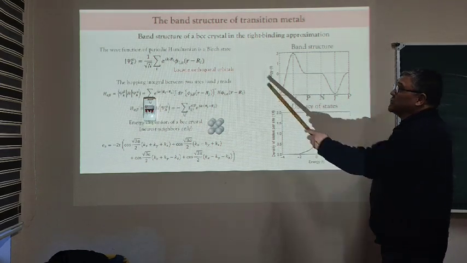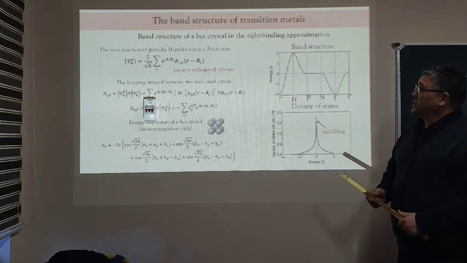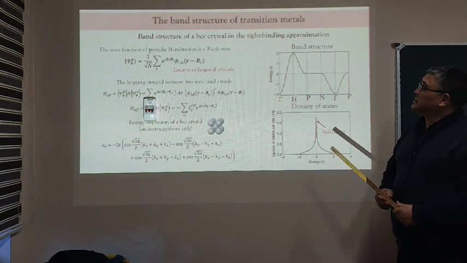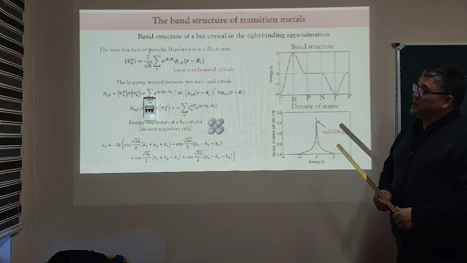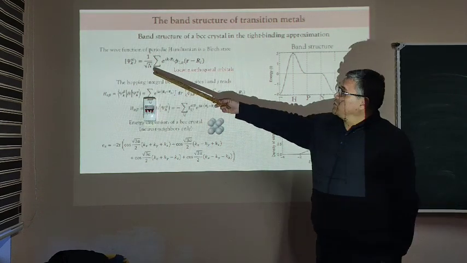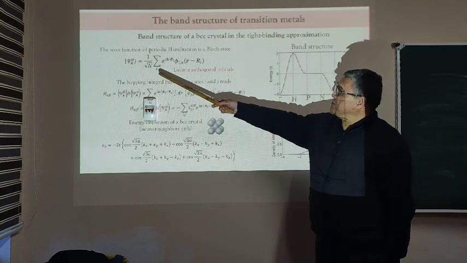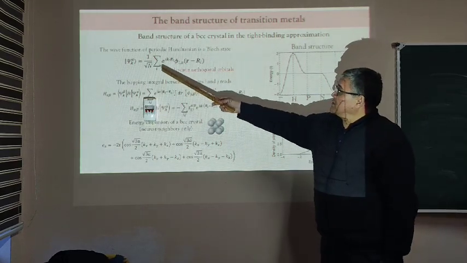So, the band structure of the BCC crystal. BCC stands for the body-centered cubic crystal structure, and we can consider here the tight binding approximation. In the tight binding approximation, we can account for the wave function of the atom, which can be written in this expression.